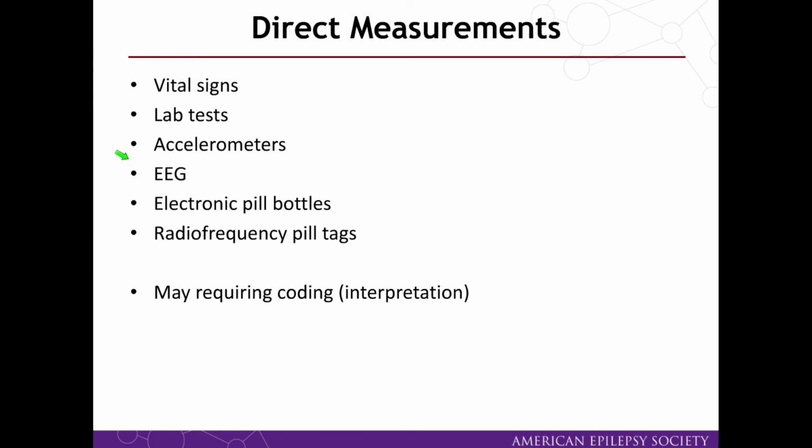And then finally, there are direct measurements of patient information, so vital signs, lab tests, EEGs, et cetera. And these direct measurements often require some coding or interpretation before they are documented in your case report forms.